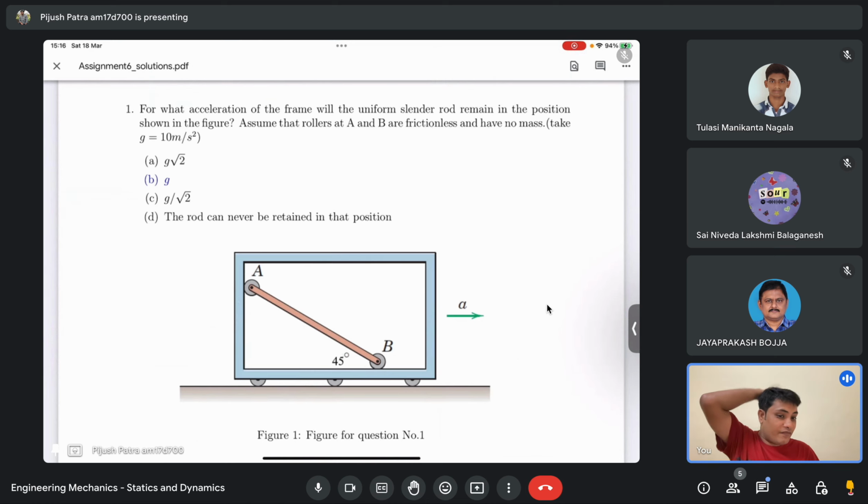It's a very simple problem, and the hint is that you need to solve it in a different frame of reference, not the frame of reference outside the frame. Can any of you suggest how you will solve it? It's only a 2-line solution.